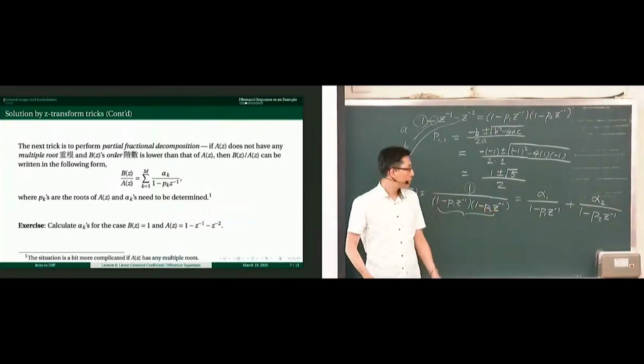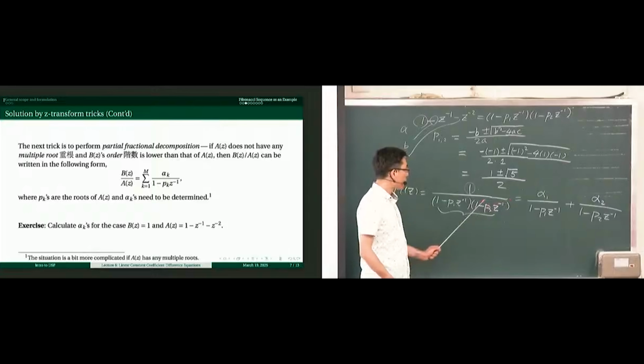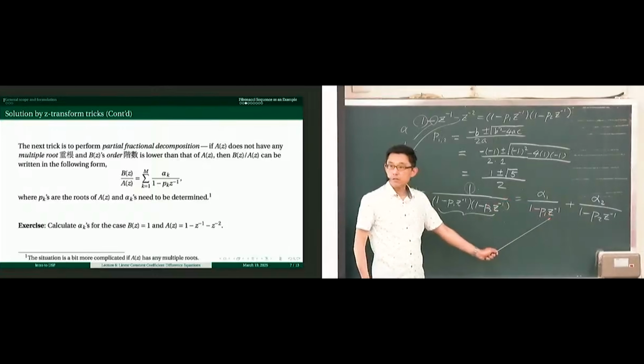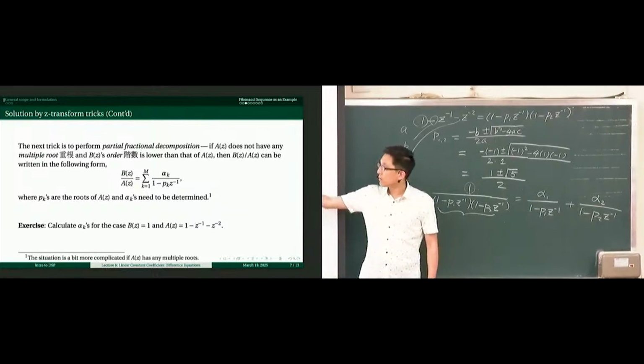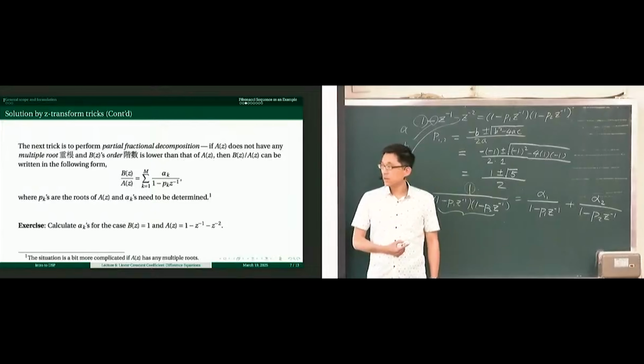The fact that we can always find alpha 1 and alpha 2 such that the identity holds is called partial fractional decomposition.